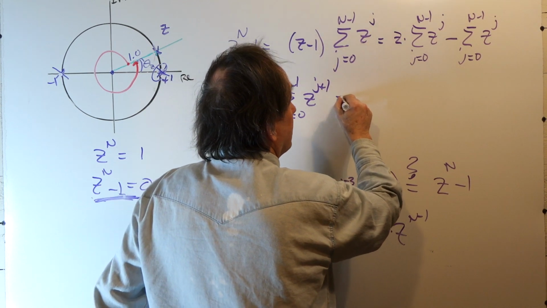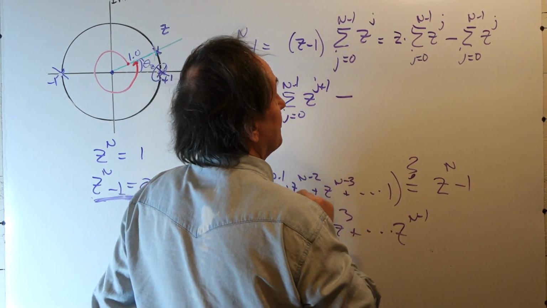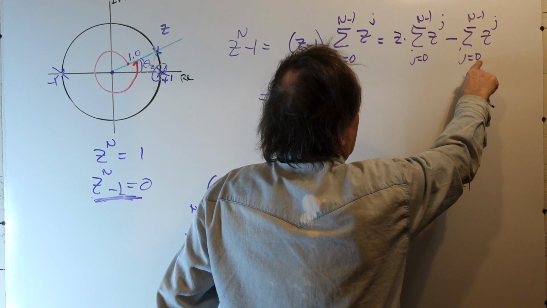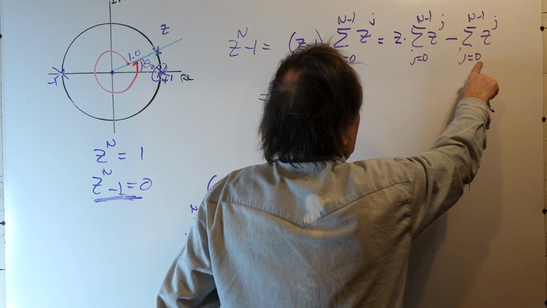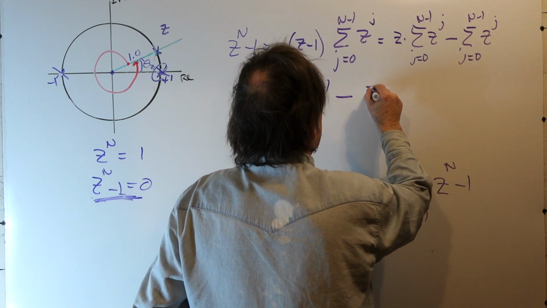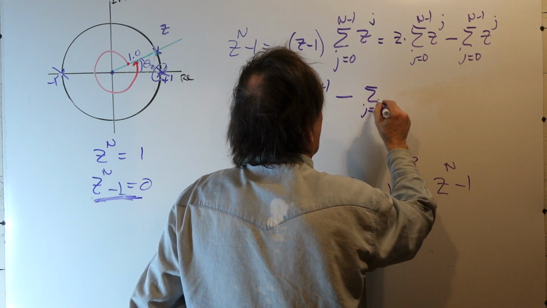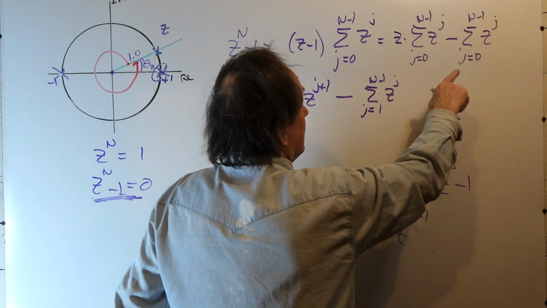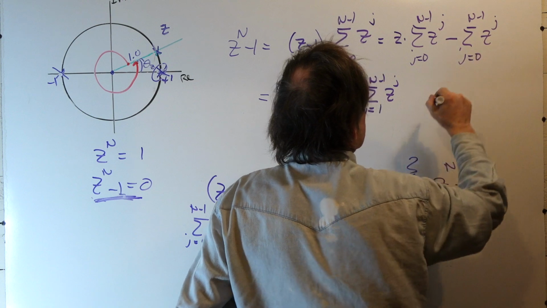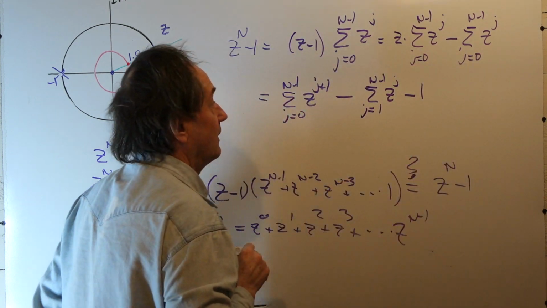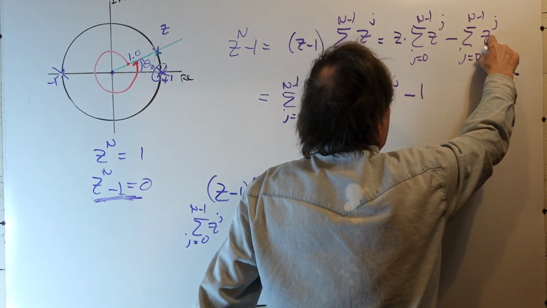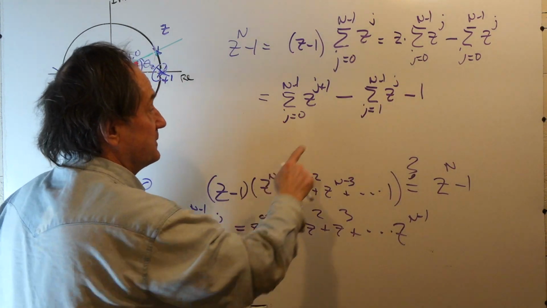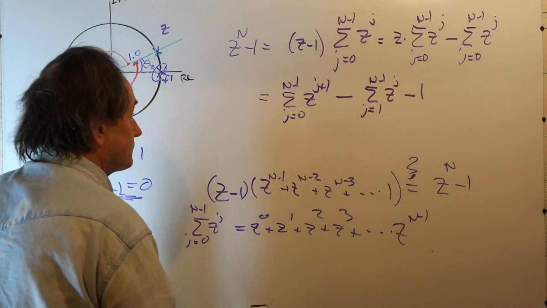And then I'm going to subtract off the second sum, dropping the initial term where j equals 0, so I'm going to start the sum at j equals 1 and go to n minus 1 of z to the j. The term corresponding to j equals 0 is just minus 1, since when j is 0, we have z to the 0, which is 1.